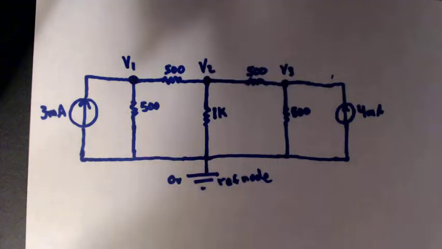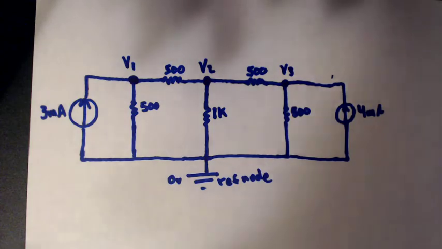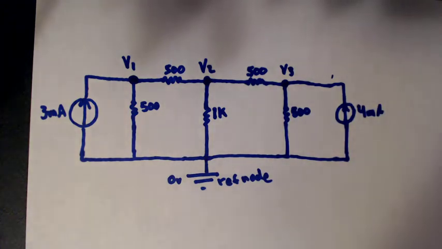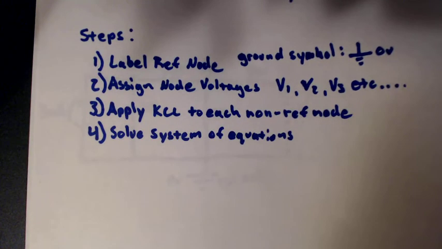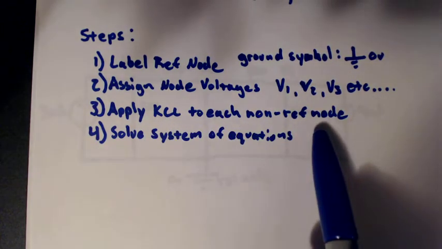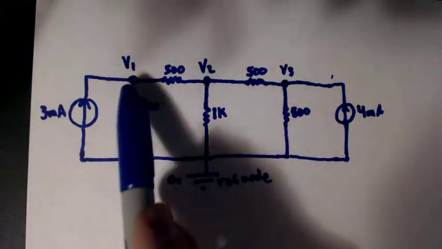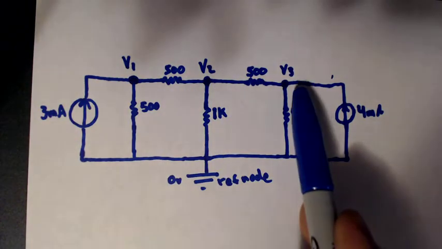So now we get on to the next part. This is probably the harder part of applying this, which is going to be to apply KCL to each one of these non-reference nodes, right? The non-reference nodes, we already have those listed: V1, V2, V3.